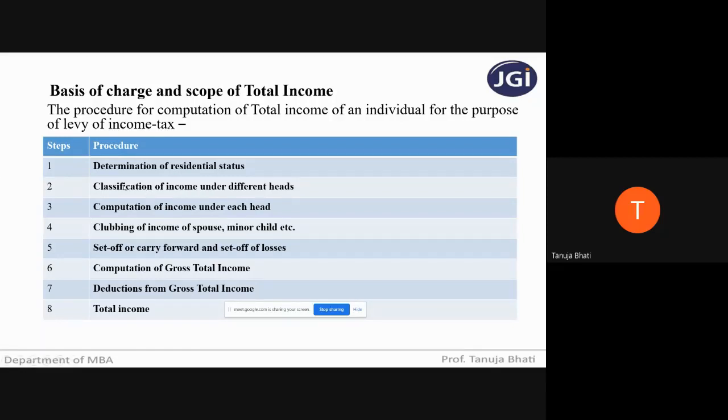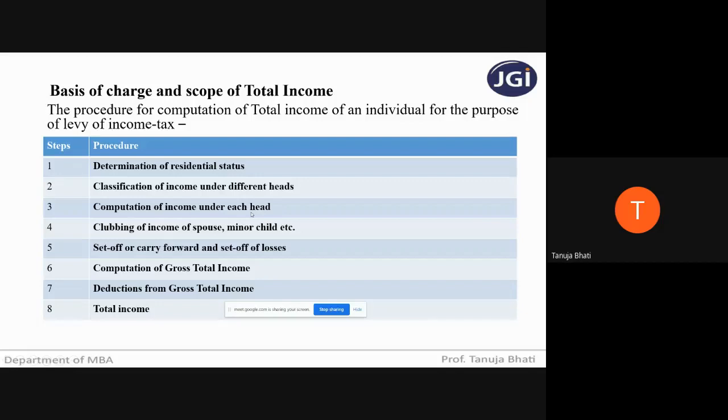So the first step is to determine the residential status. Second, you have to ask that particular assessee what are the different kinds of income you have, and then sit and classify that income under the five heads of income which I have specified. Third is computation of income under each head.